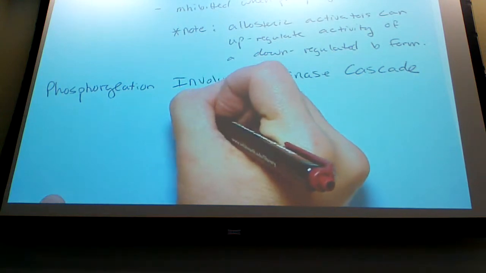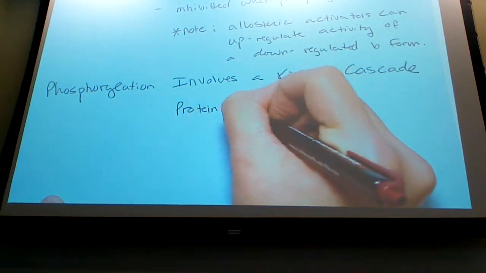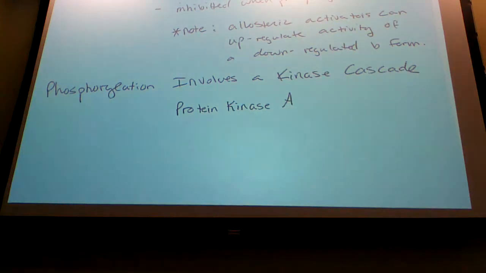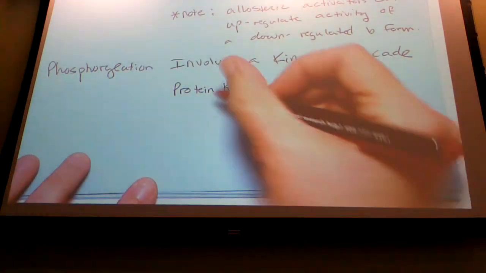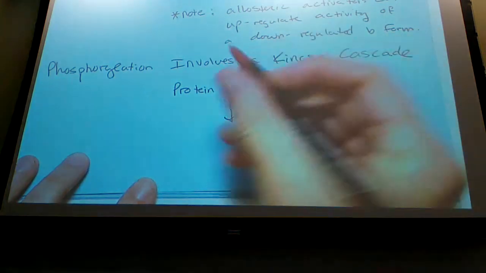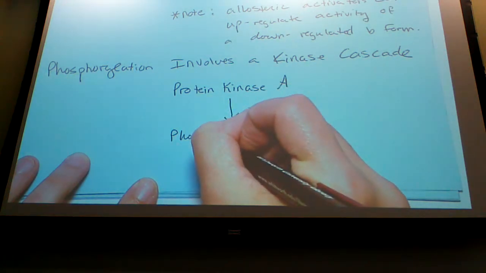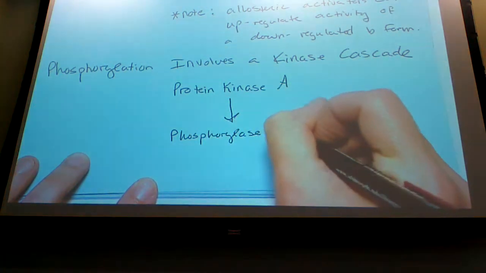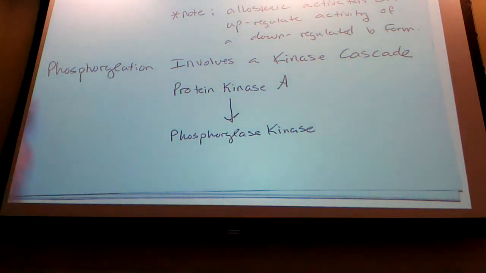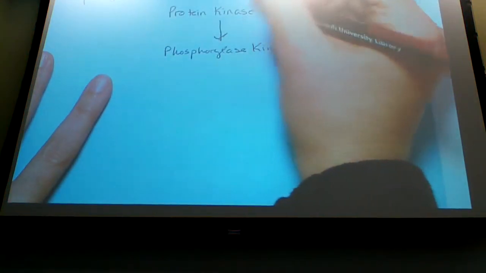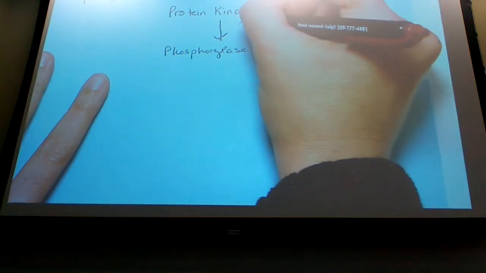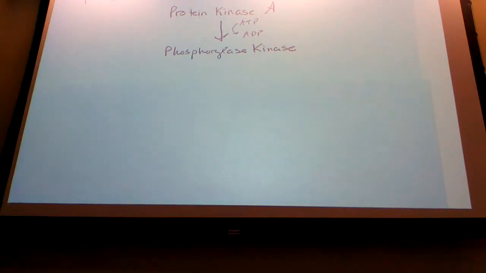We're going to start with protein kinase A. So protein kinase A phosphorylates phosphorylase kinase. And with kinases, they get their phosphate group basically from the ATP.